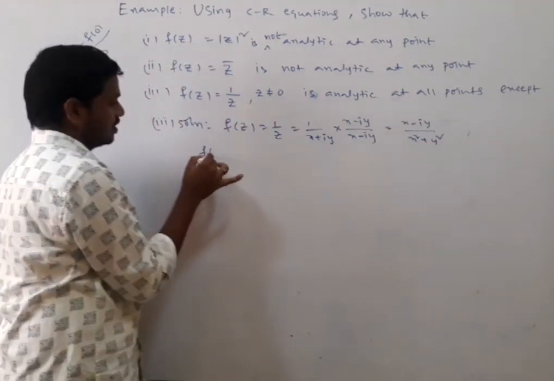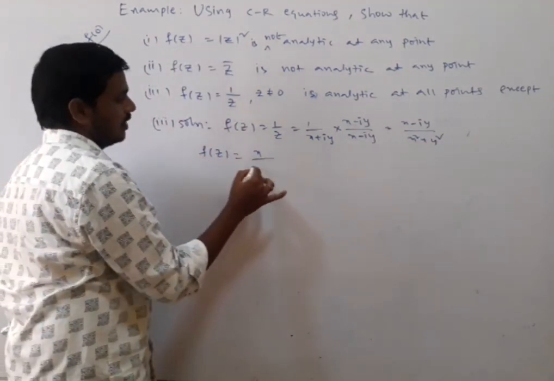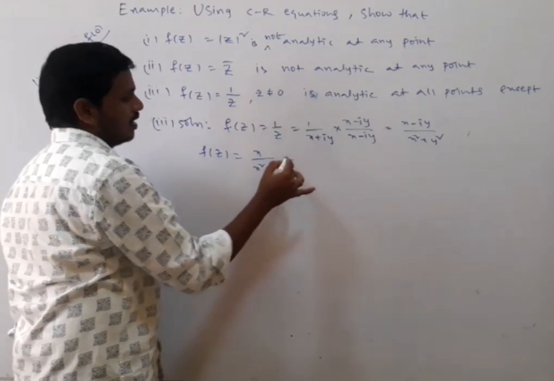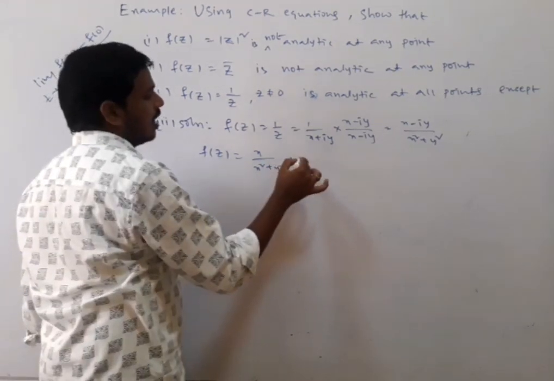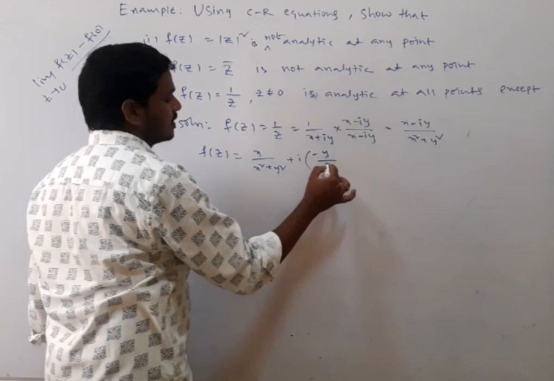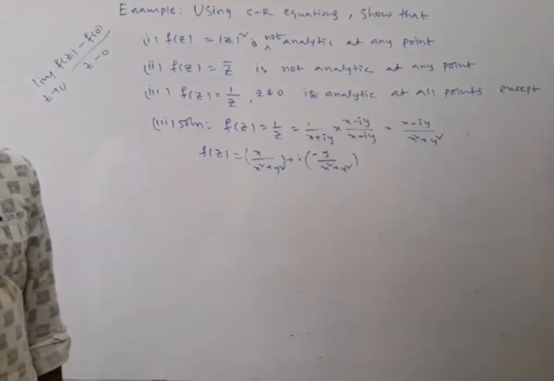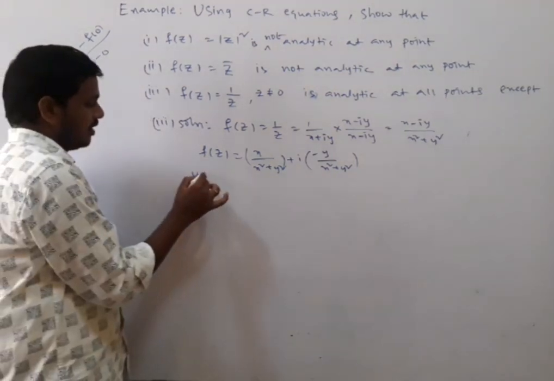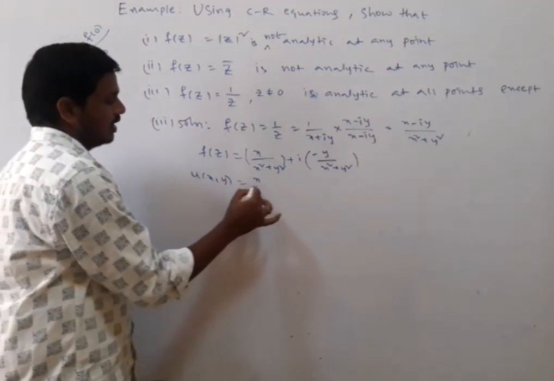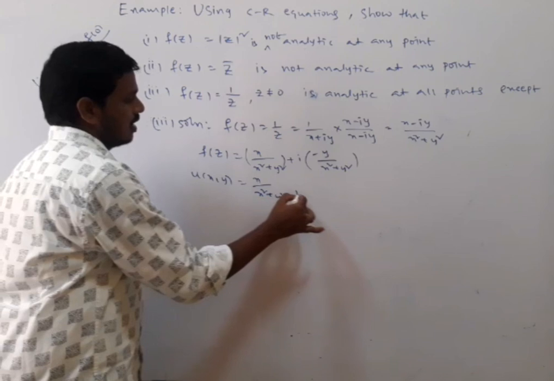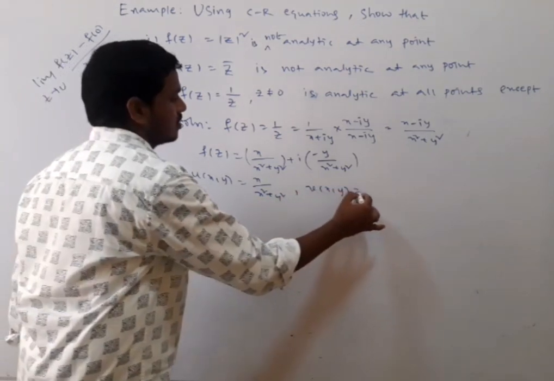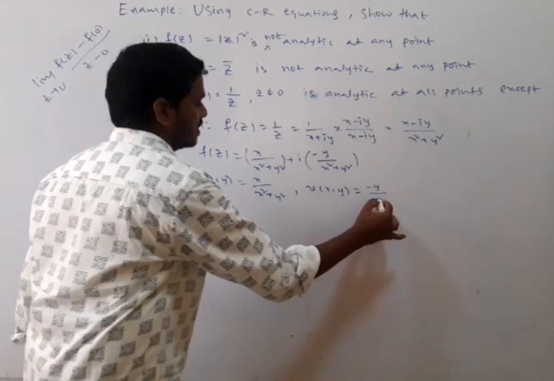So f of z is equal to x divided by x square plus y square plus i into minus y divided by x square plus y square. This is u of x comma y plus i v of x comma y. So u of x comma y is equal to x divided by x square plus y square, and v of x comma y is equal to minus y divided by x square plus y square.